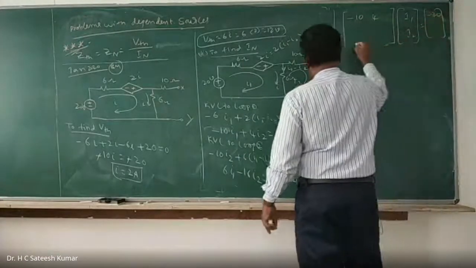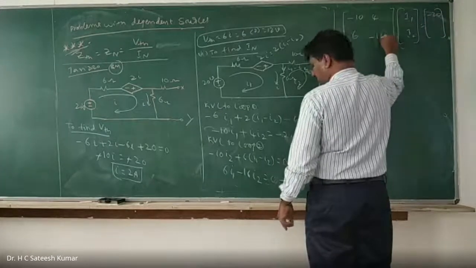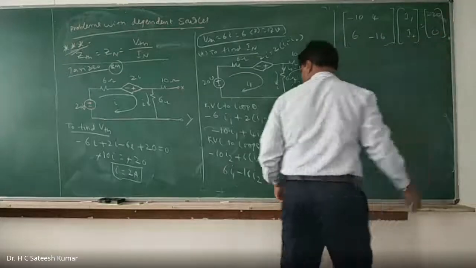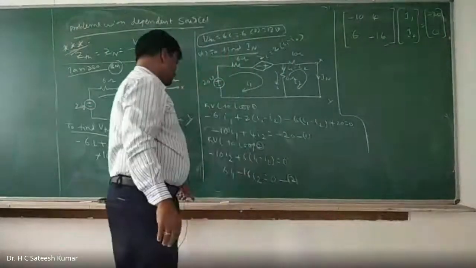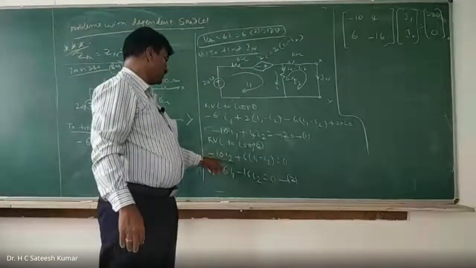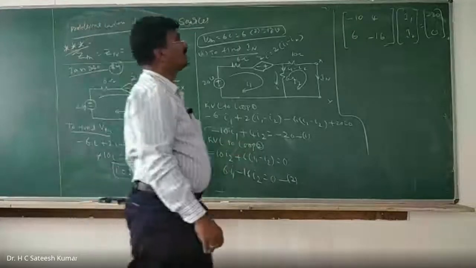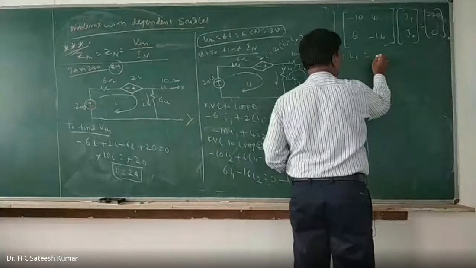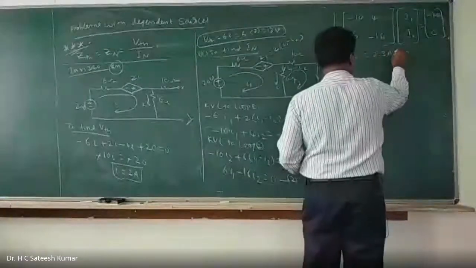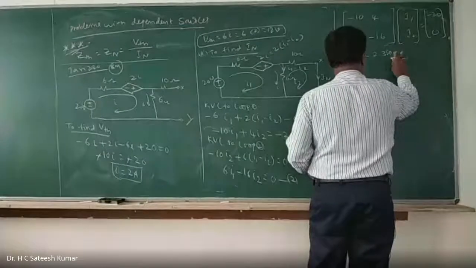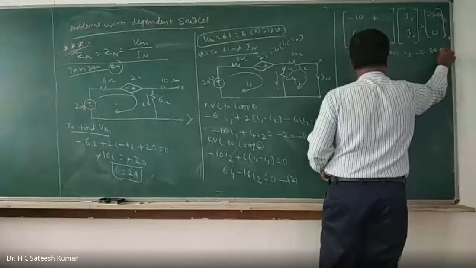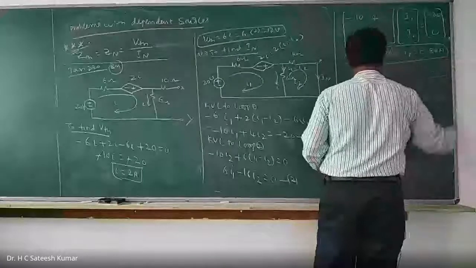Second one, 6, minus 16, 0. How much is that I1, I2? I1 is 3.5 amps. I2? 0.88. I1 and I2 we got it.